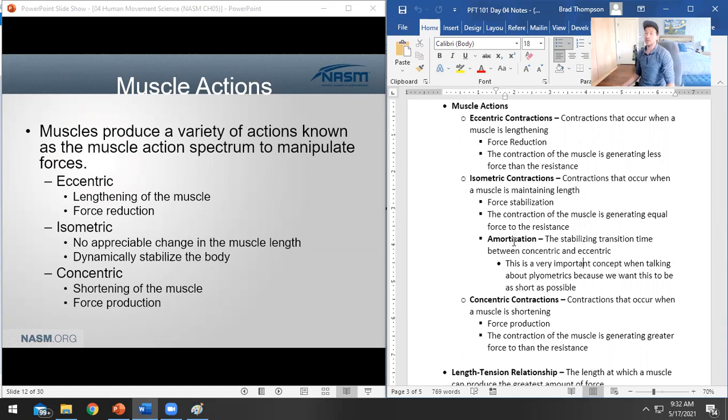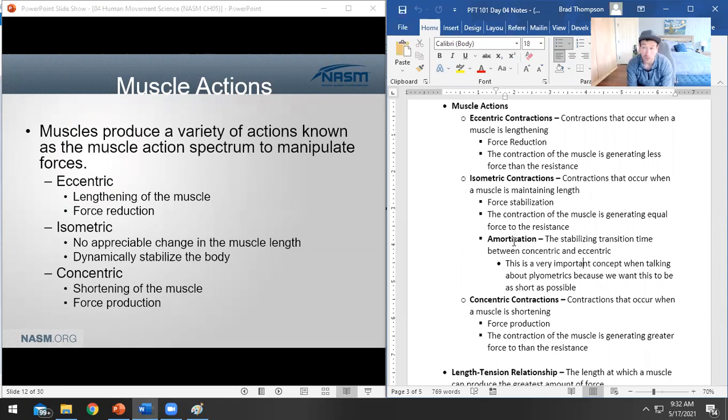So if I'm doing my elbows like this, and I'm not taking any specific pauses, that lack of pause means that in the joint I do a little bit of stabilizing as I'm handing the reins off from pulling to relaxing, right? And so that little bit of stabilizing that happens is called amortization.